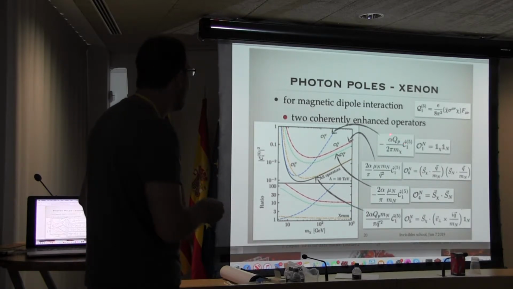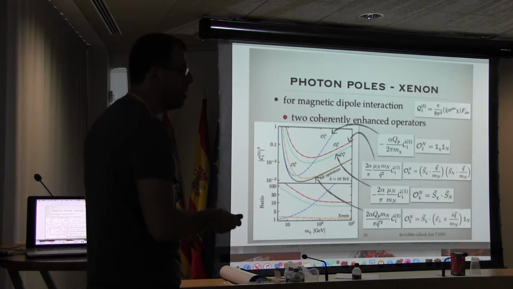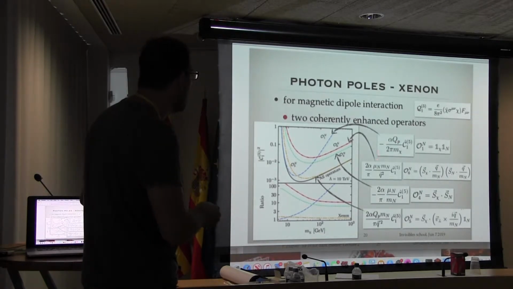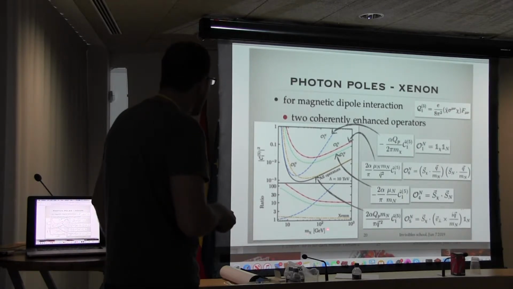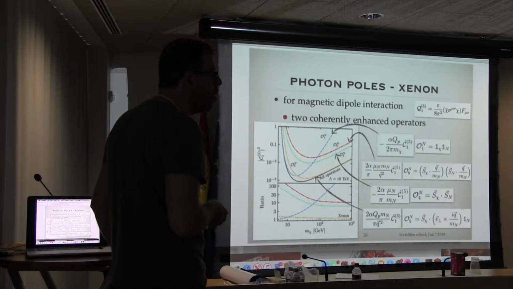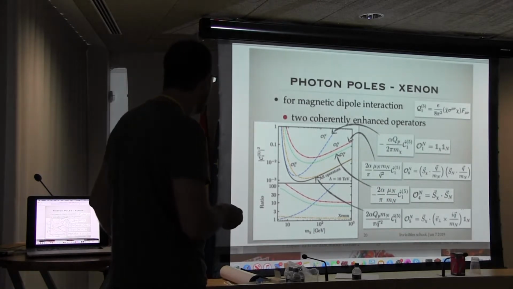And we have either the charge of the proton, or the magnetic moment of the neutron or proton, and this gives you these 3 other operators. Depending on what the dark matter mass is, some of them scale as 1 over dark matter mass, the others scale with the nucleon, so the 1 GeV neutron proton.